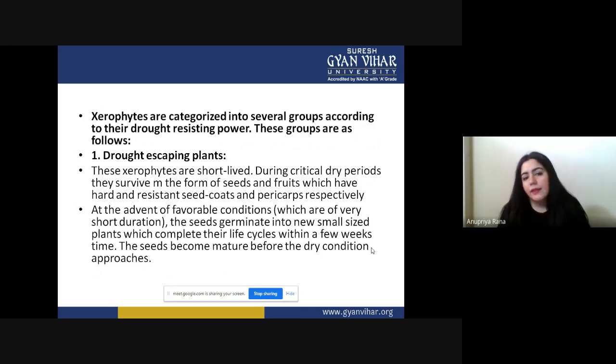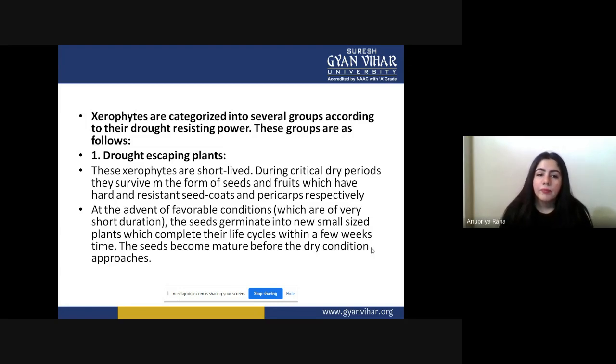So at that time, they are present in seed form, because the cover of the seed is very hard. The covering of the seed or fruit is very resistant, and this hardness of the seed helps them live longer. That's why in very extreme dry conditions, they live in a seed condition.